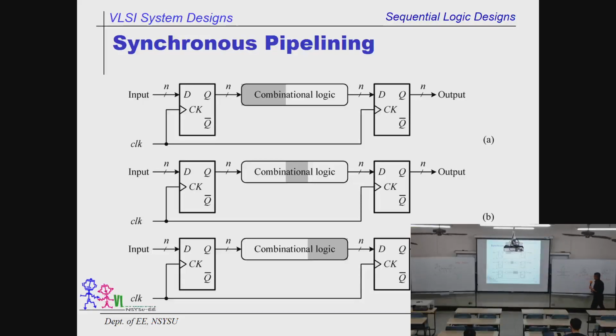For example, some of the students select a very complicated multiplier, and maybe some of the students are very ambitious and aggressive. They like to have high speed. So what do we do? This is the original design.